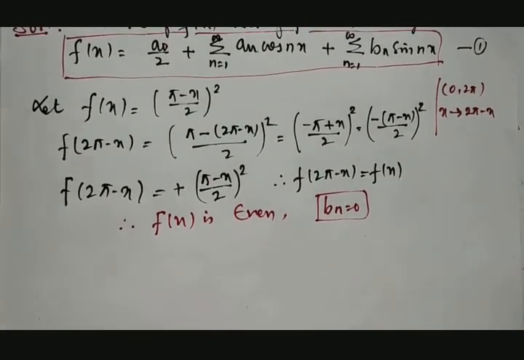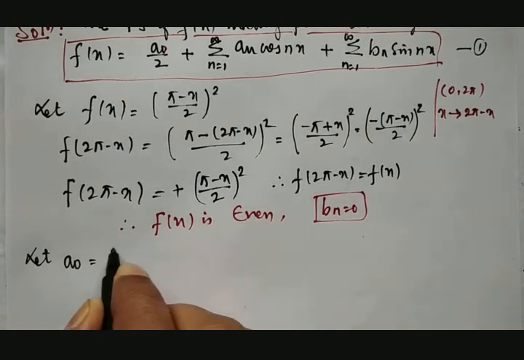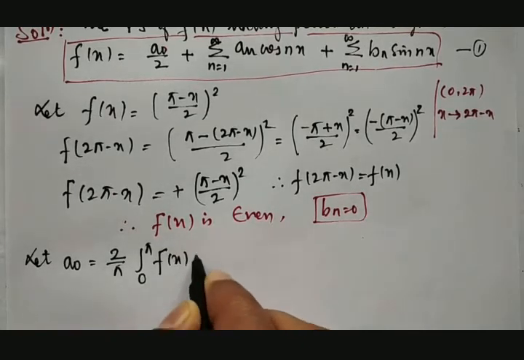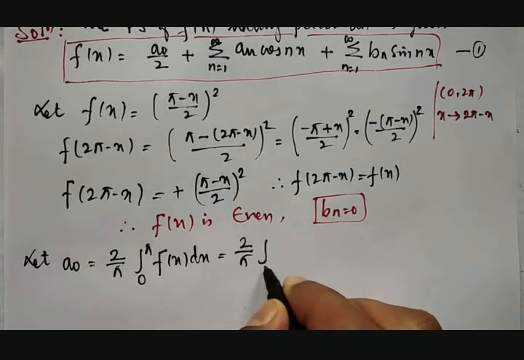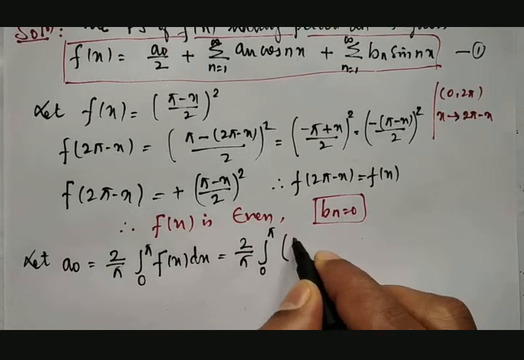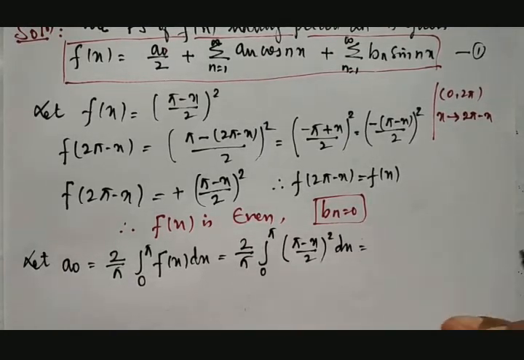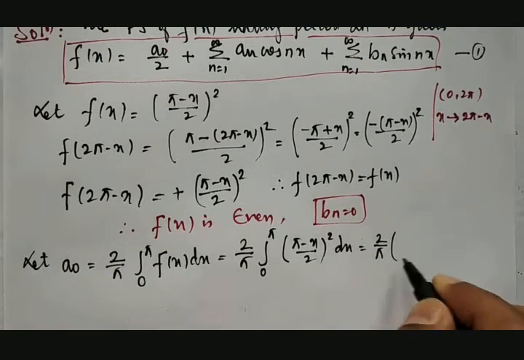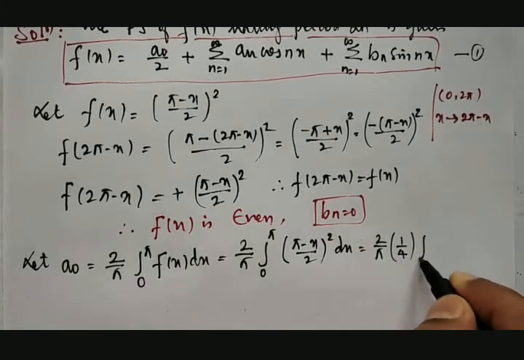Okay, so let us calculate. Let a naught be 2 by pi integration between 0 to pi f of x dx, which is nothing but 2 by pi integration between 0 to pi f of x. What is f of x? F of x is (pi minus x divided by 2) the whole square with respect to x. What I do, I'll take 2 by pi into 1 by 2 the whole square, which is nothing but 1 by 4. That also keep it out.